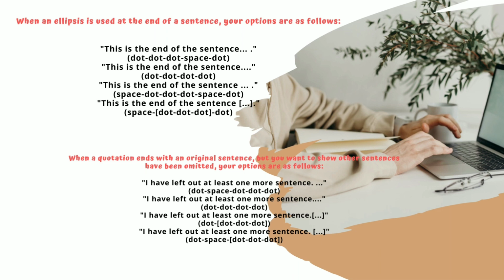When a quotation ends with an original sentence, but you want to show other sentences have been omitted, your options are as follows. I have left out at least one more sentence. That, space, that, that. I have left out at least one more sentence.